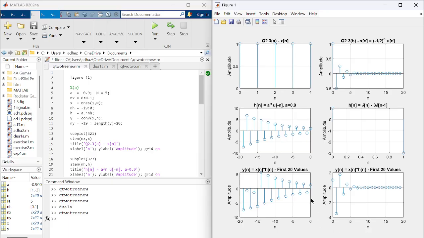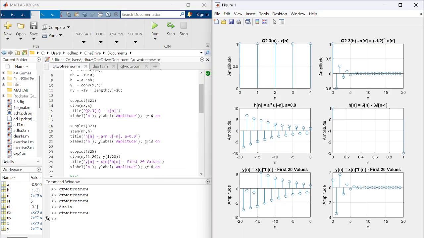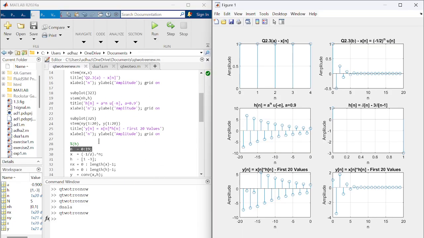Notice I'm using stem commands. In digital signal processing, we don't use lines like a normal graph. We use stem because these are discrete points in time. For the result, in both graphs, we limited the output to the first 20 values as requested. You can see how the shape transforms the values of the waveform.